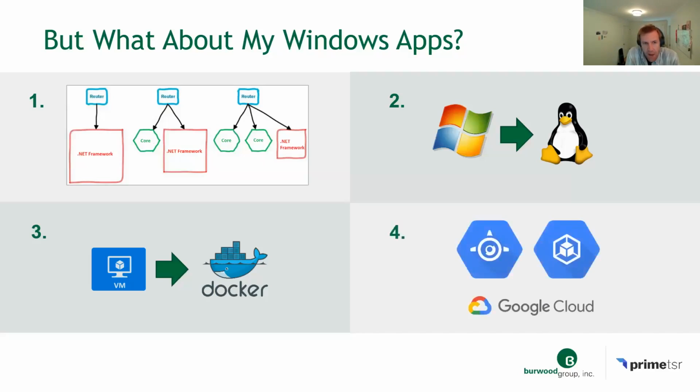App Engine Flex, I think, is probably today about as far right on that spectrum as we can get. I don't think Cloud Functions or App Engine Standard yet support .NET Core, but that's a heck of a leap forward to now being able to run our .NET applications on Kubernetes. Absolutely.